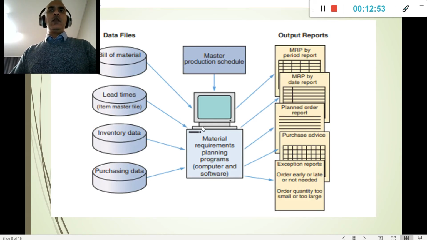We categorize what materials we need, how long it takes, what inventory we have, and the purchasing data. Then all comes together with a master production schedule. Everything comes together, and then of course we have reports.